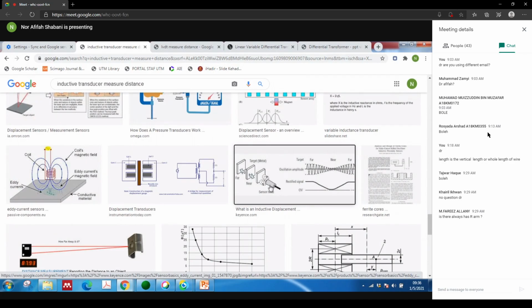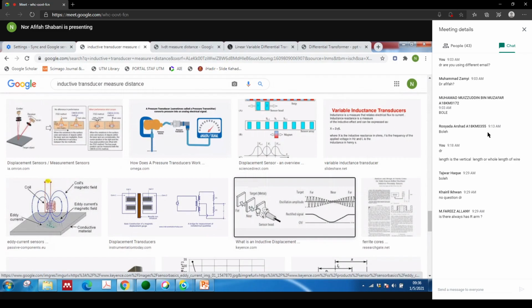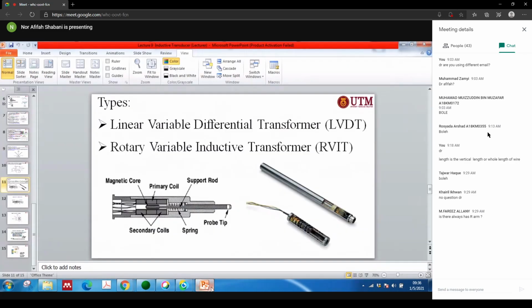What it does is produce some magnetic flux. So when your object, or we call it your target matter, is near your sensor, the voltage will be almost zero. And then when it goes far from your sensor, you will get this kind of voltage.